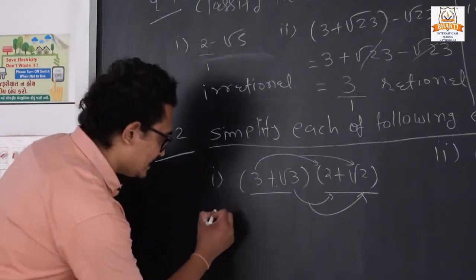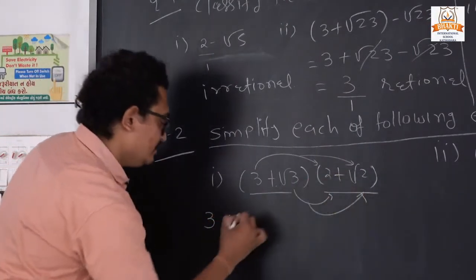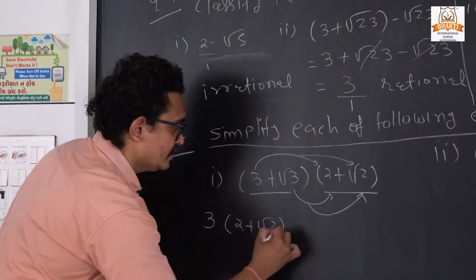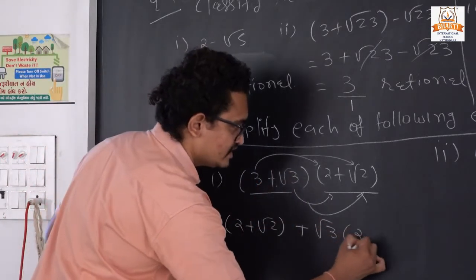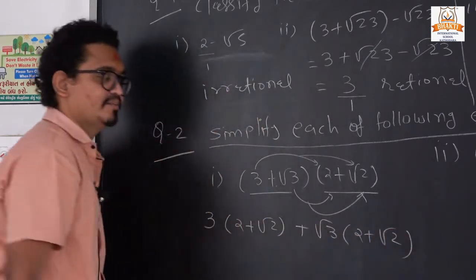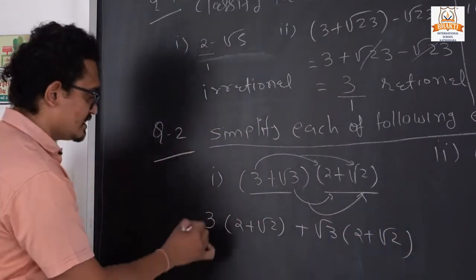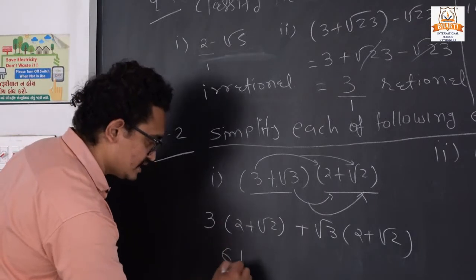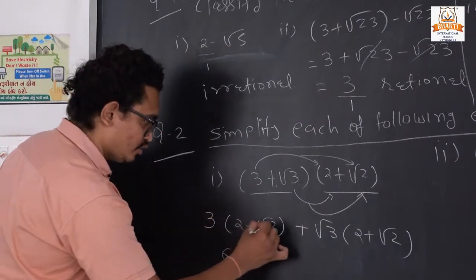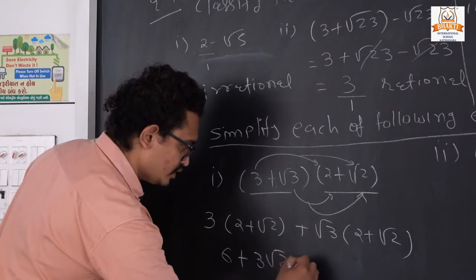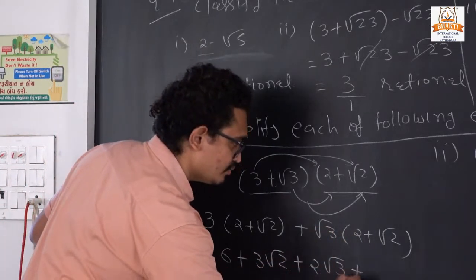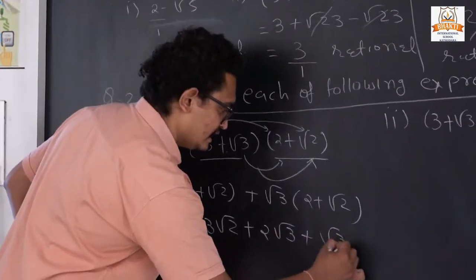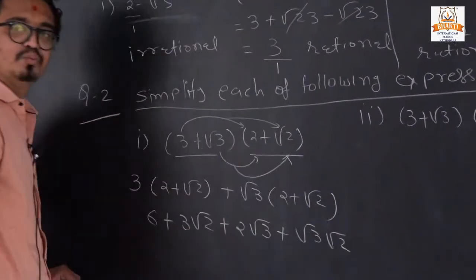So we can write 3 in a bracket, then with the plus sign, root 3, and once again write the bracket. Now simplify this. 3 into 2 will be 6. Now 3 into root 2 plus 2 into root 3 plus root 3 into root 2.